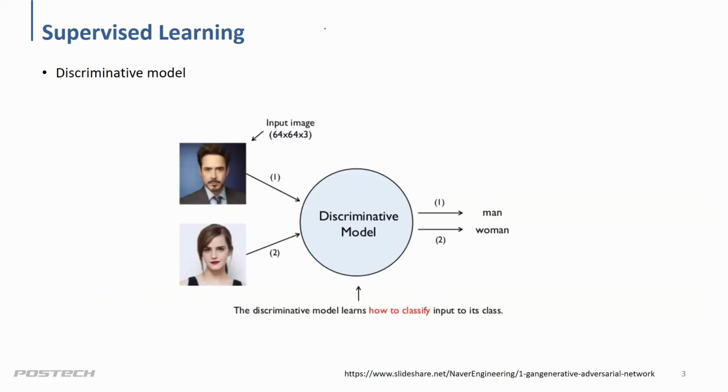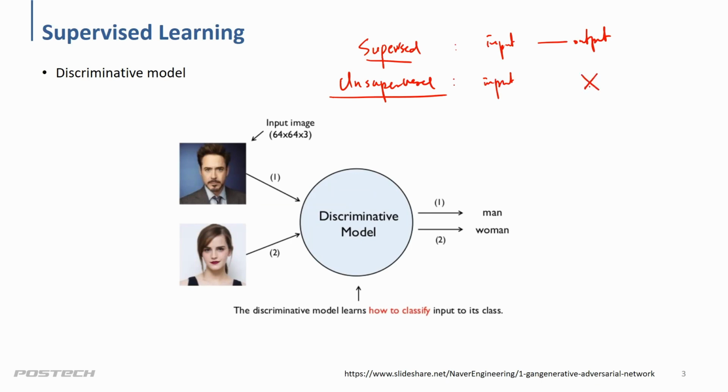So I think you already know we have supervised and unsupervised learning. The difference is that in supervised learning we have inputs and outputs, and on the other hand, unsupervised has no outputs.